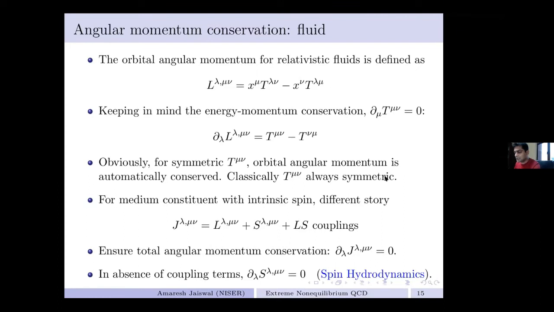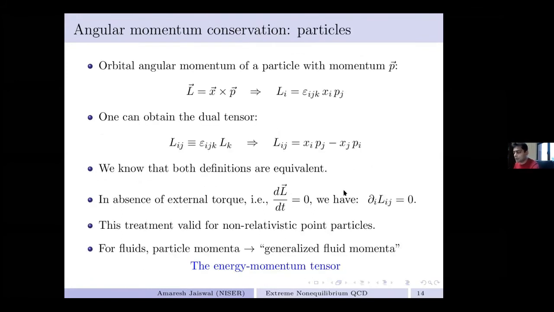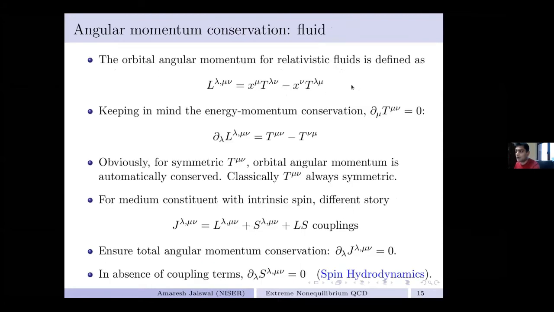So we immediately see that the previous definition of angular momentum Lij for a point particle was a 2-rank tensor. For fluids, it becomes a 3-rank tensor. And keeping in mind that the energy momentum tensor is conserved, we see that d lambda of L lambda mu nu is just the antisymmetric part of T mu nu.